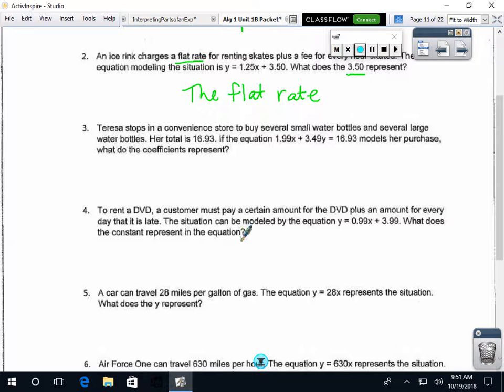All right, number 3, Teresa stops in a convenience store to buy several small water bottles and several large water bottles. Her total is $16.93. If the equation 199x plus 349y equals 1693 models her purchase, what do the coefficients represent? Well, what are the coefficients in that equation?